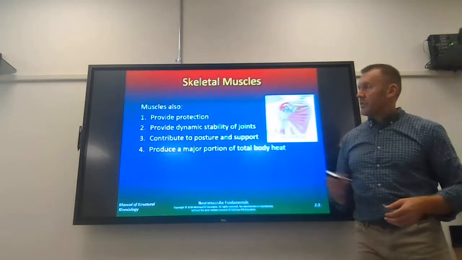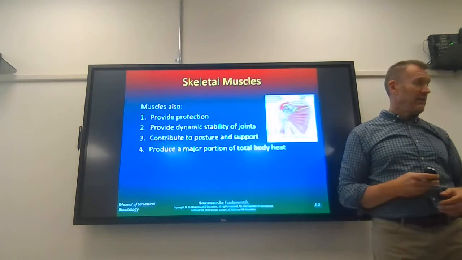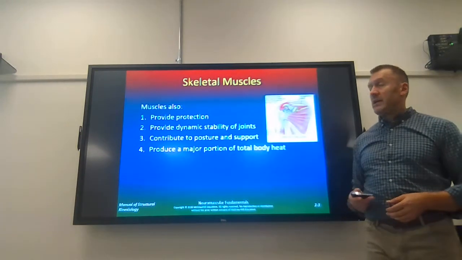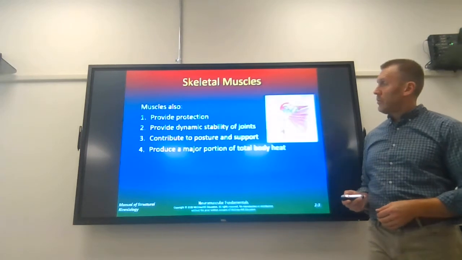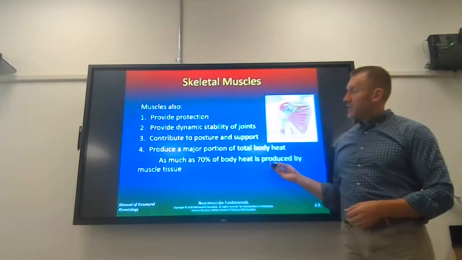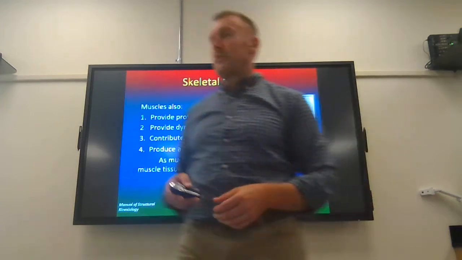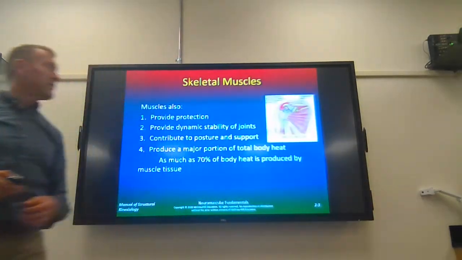Produce a major portion of total body heat. So muscles help maintain body temperature as the environmental temperature gets cooler. As much as 70% of body heat is produced by muscle tissue.